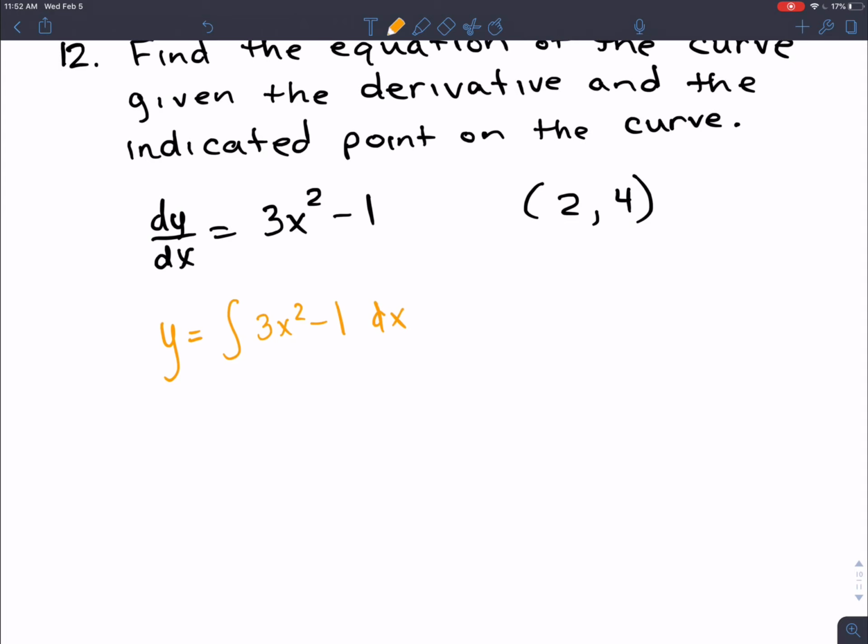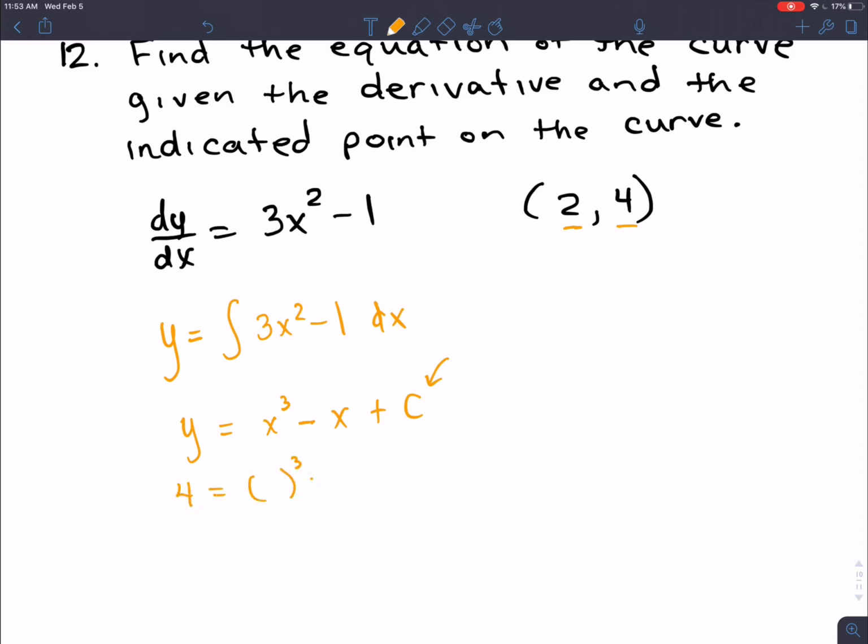And so here, you could pull the 3 out front, and then I have x to the third divided by 3, so then that just simplifies to x to the third minus x, and then we have our plus a constant. Now, to figure out our constant, we have values up there. So we'll have when x is 2 and y is 4. So y is 4.